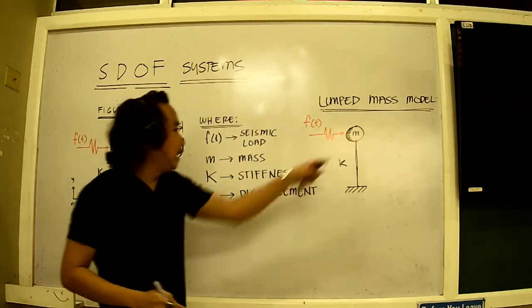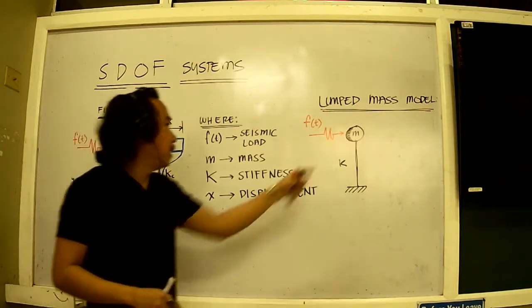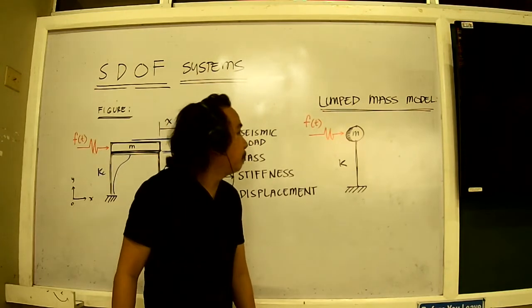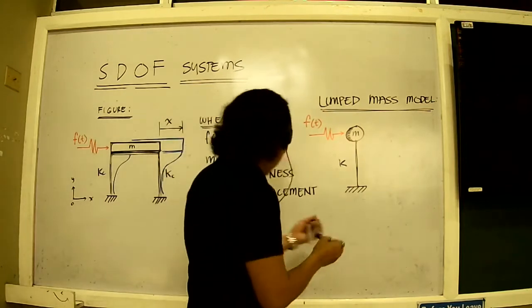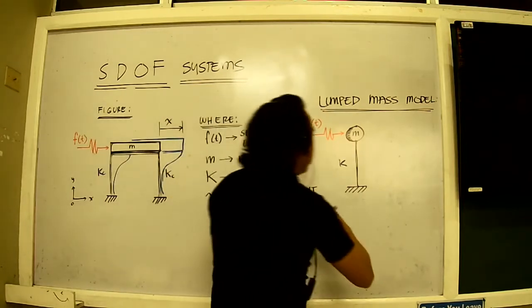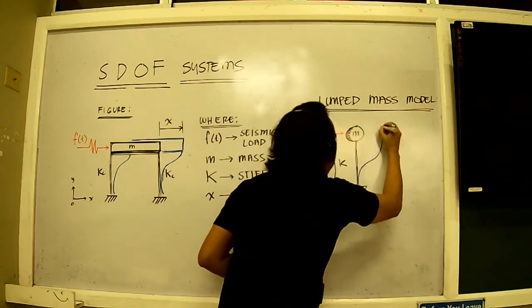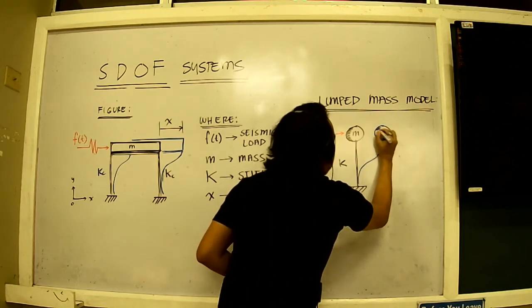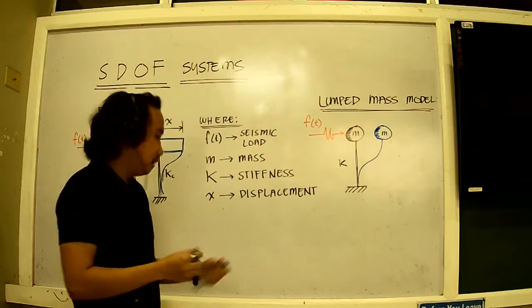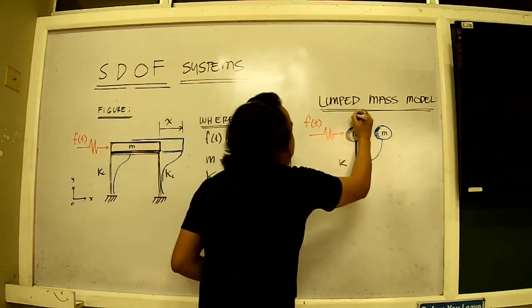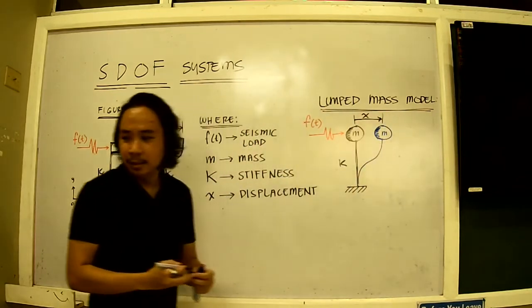The mass in here has already been generalized and it is being lumped, thus the term lumped mass model. Now, when this seismic activity occurs, this structure deflects in a way that is almost similar to this, in which the displacement will still be called x.